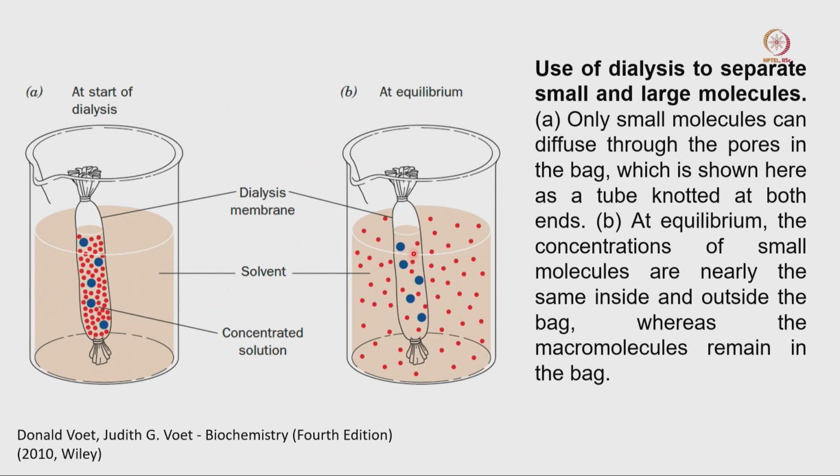It will keep going on like that until it reaches equilibrium. When the buffer solution and the inside of the bag reach equilibrium, all this movement will stop, but this is how we can remove most of the high salt or high glycerol concentration from our protein.